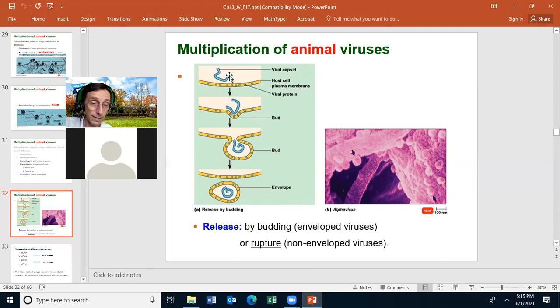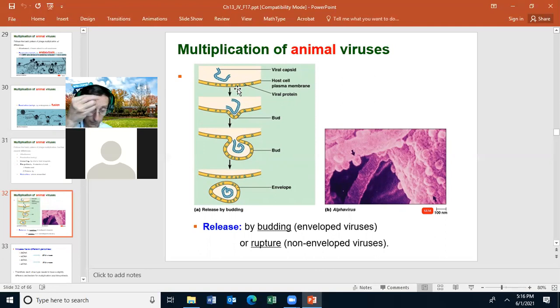And the virus comes up to the cell membrane in a region of the cell membrane that has viral proteins in it. And these will be like the spikes that are made by the virus, or they could be just, what do they call those? Well, proteins, but I was trying to think of another term.